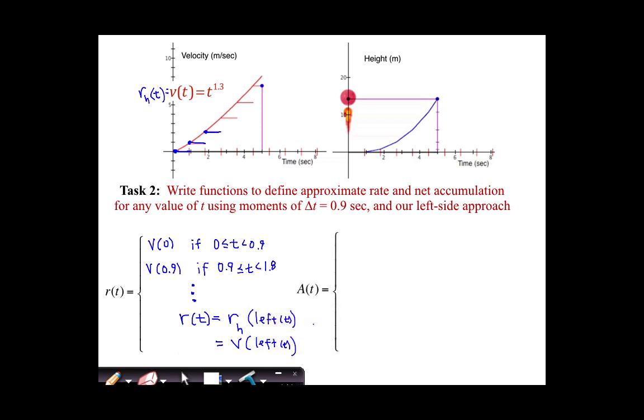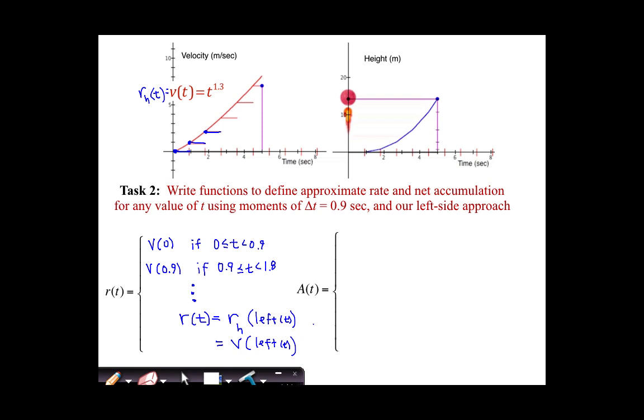A of t is a little bit harder to write. We can write it as piecewise, and we can write it not as piecewise, in a single line. This is what's going to take the work, and we're going to work through it today, think about it some more over the weekend, and I'm going to ask you a bunch more questions to make sure you understand it.